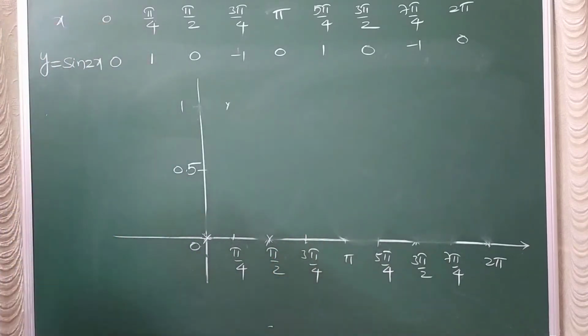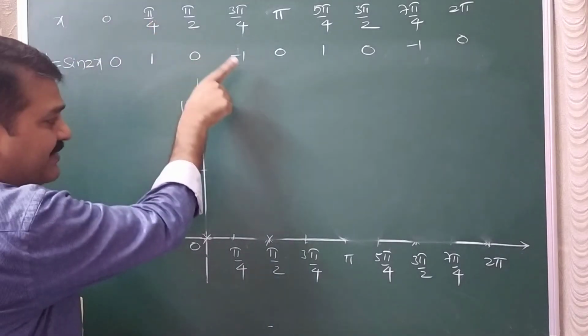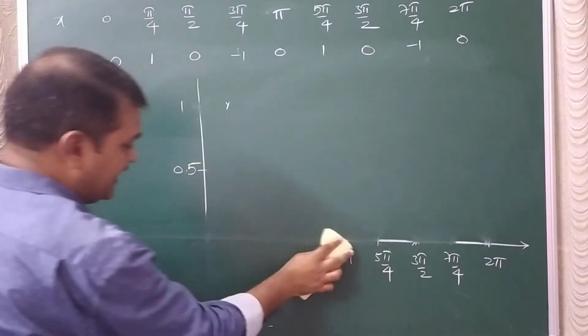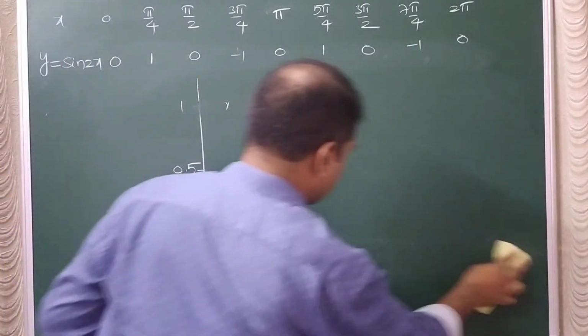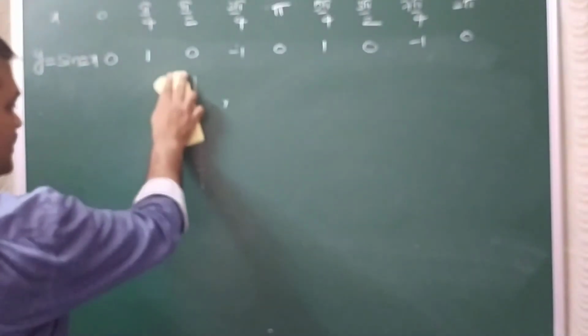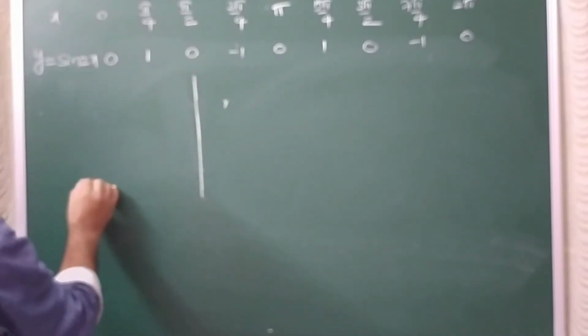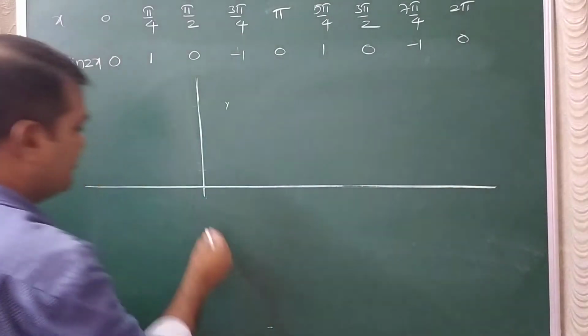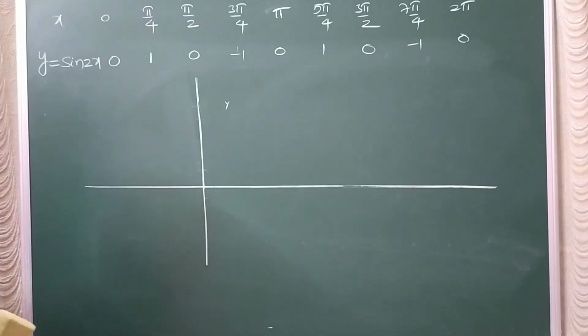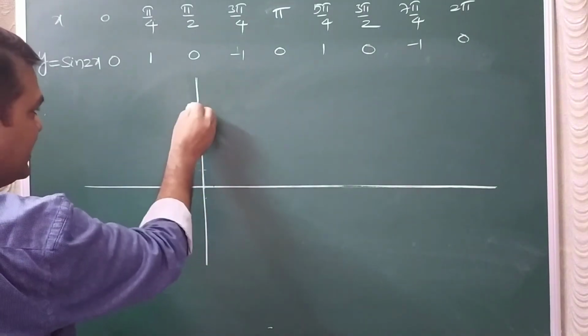Okay, I should adjust because I don't have space here. I will try to adjust. So here y is negative also. So I will try to adjust here. Because y values are negative, I should take the y values below the x-axis also. I should consider here.